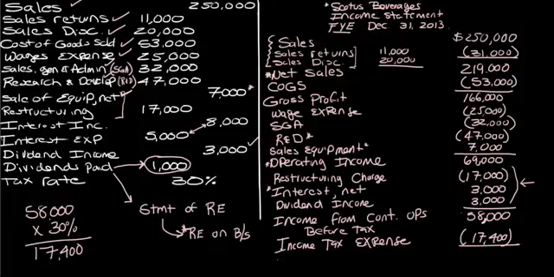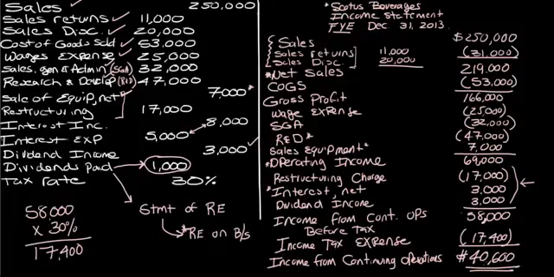So the last line item here is income from continuing operations. Okay. And in this case, the company has nothing else, so this is the bottom line number. Income from continuing operations, $40,600. And this is the presentation of a multi-step income statement.